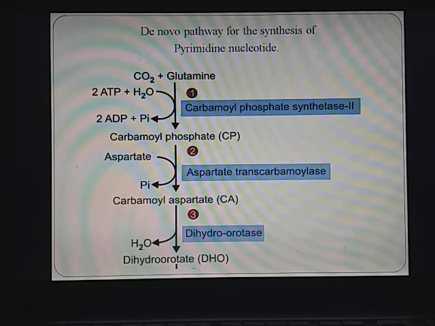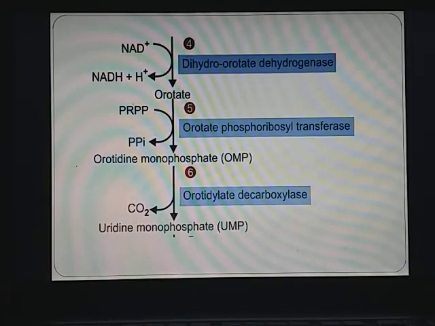Carbamyl aspartate, in presence of enzyme dihydroorotase, undergoes dehydration to form dihydroorotic acid. Dihydroorotic acid undergoes oxidation in presence of enzyme dihydroorotate dehydrogenase to form orotic acid.